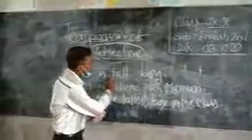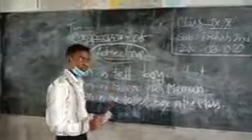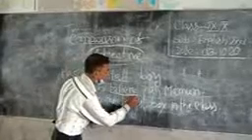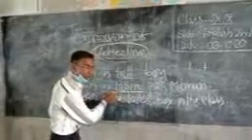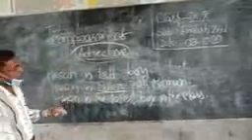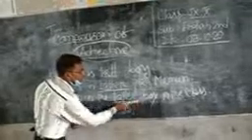Here, Hassan is tall. The next sentence, Hassan is taller. And the last sentence, Hassan is the tallest.